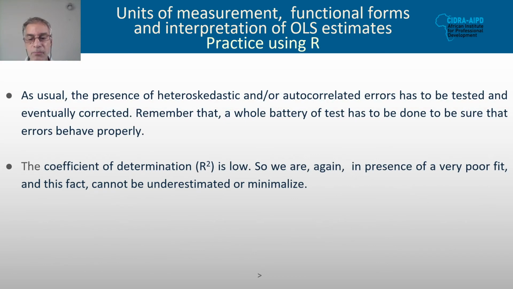So again, we are not in the presence of a very good fit. And again, check that the errors behave properly in order to go ahead with this linear regression, and otherwise you have to transform the standard error, you have to transform some of the variables.